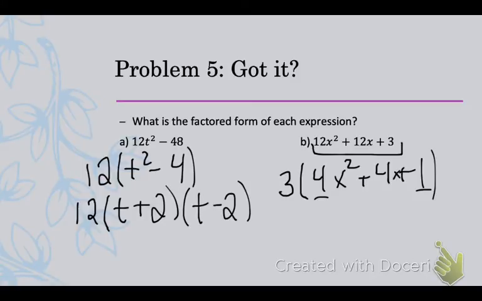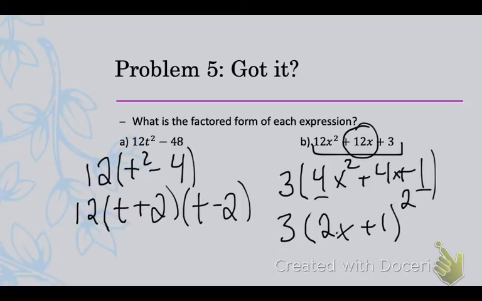Sorry, I missed the x. So I can rewrite this as 3 times 2x, because I take the square root of the first term, plus 1, and I'm putting plus because it's plus 12x there, and then I square that because that's my rule.